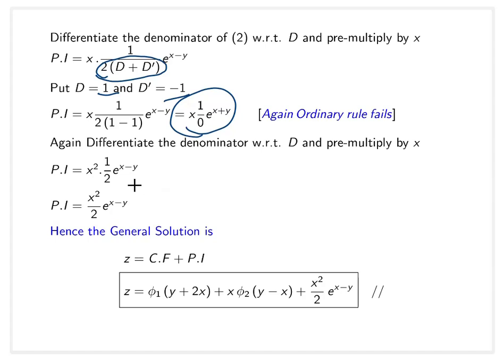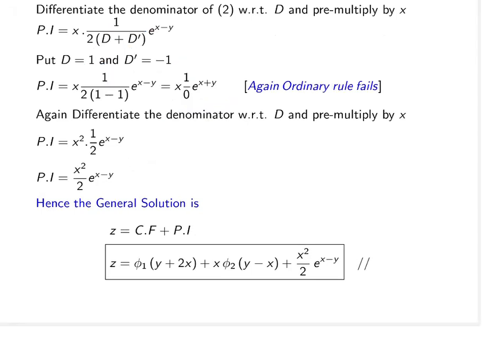So we do the same process, multiply another x in the numerator. So x and x is x square. Differentiating this with respect to D, we get 1 by 2 into x square e power x minus y. Since the denominator is non-zero, we can stop the process. Therefore this is the particular integral. Therefore, replace the complementary function and particular integral, and we can get the solution.